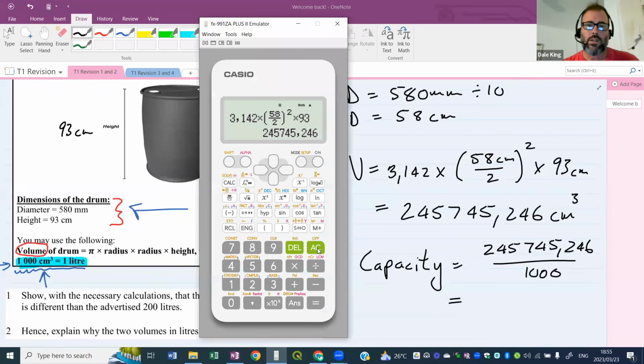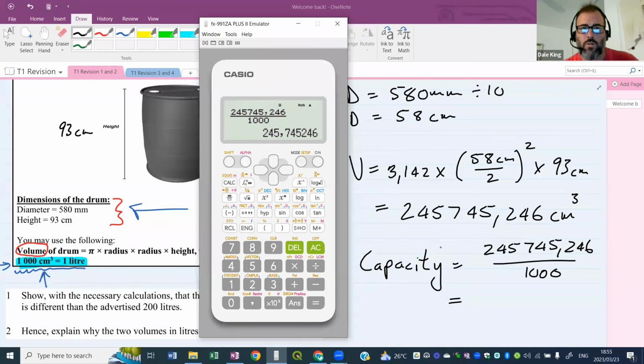All right, so I can take this answer and divide it by 1,000. In fact, let me show the whole thing. 245,745,246. I'll do it all here for you. Divided by 1,000. All right.